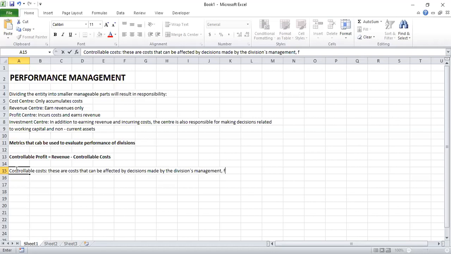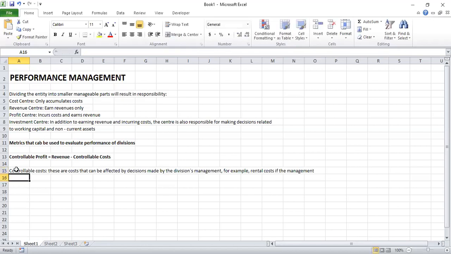For example, rental costs, if the management make the decision on where to rent. Right. So that would be a controllable cost.